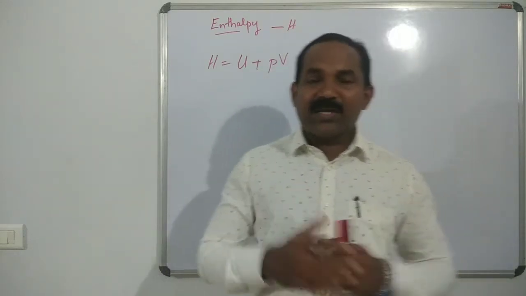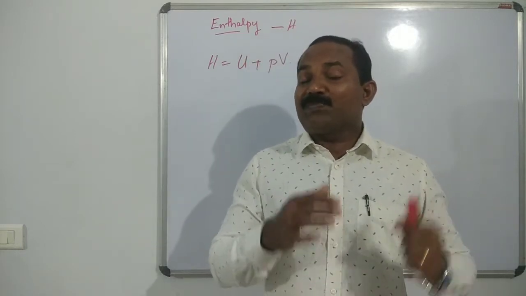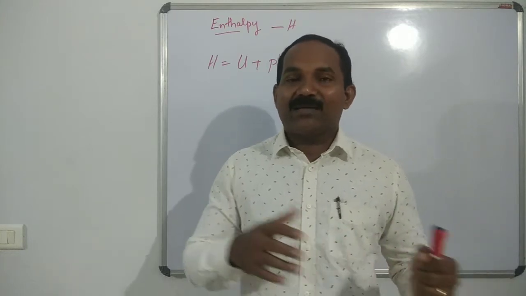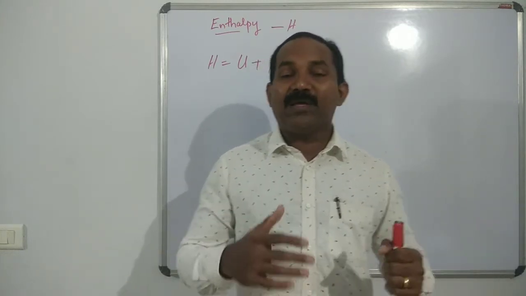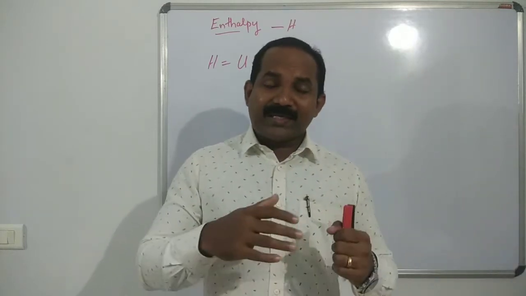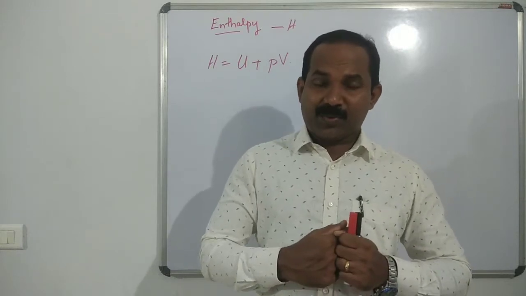What do you mean by state function? You know that it is a property of a system which depends on the state of the system, the initial state and final state. So enthalpy is a state function. Also it is an extensive property. What is an extensive property?